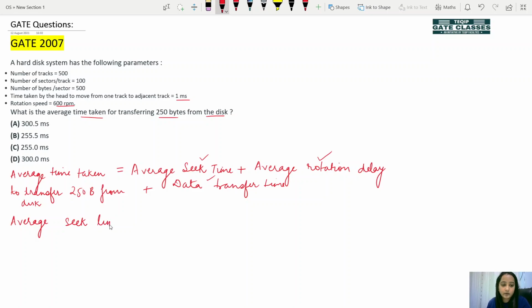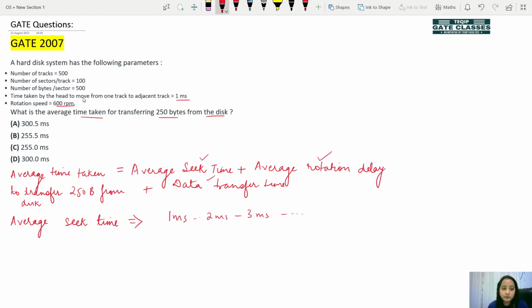Average seek time, how can I calculate it? Suppose the time taken to move from one track to an adjacent track is 1 millisecond, then to the next track 2 milliseconds, then the next track 3 milliseconds, and so on.